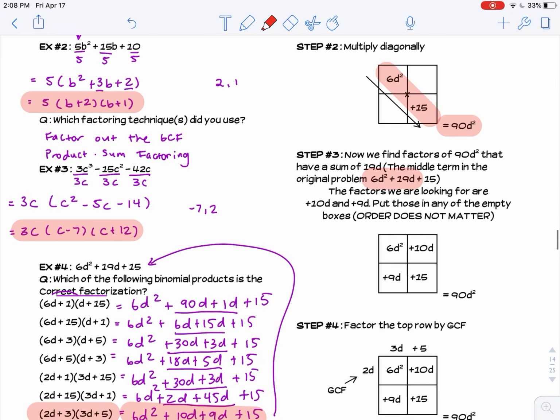So, this was our initial formula. We're looking for two numbers that multiply to equal that 90d squared and add to equal that 19d in the middle. What two numbers do that? 10d and 90.